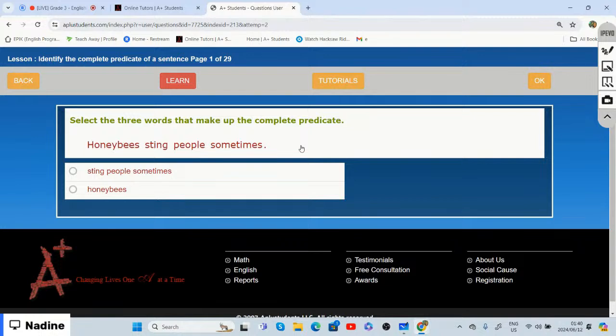All right, we need to select three words that make up a complete predicate. It says honeybees sting people sometimes. Is it sting people sometimes or is it honeybees?